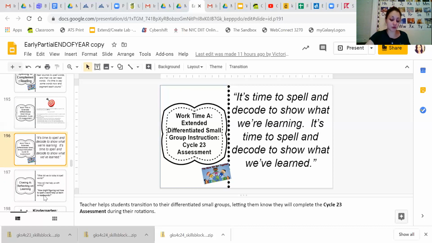There are 10 words. So what you're going to do is put 1, 2, 3, 4, and 5 on the first side. And then you're going to put 6, 7, 8, 9, 10 on the second side. So your paper is going to look like this.